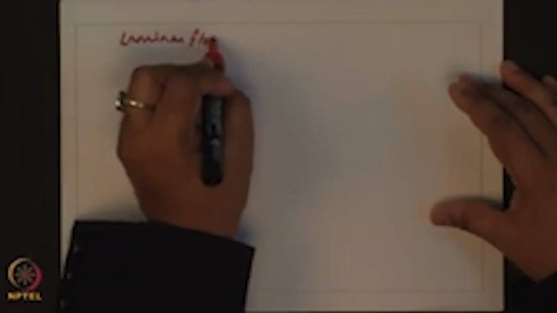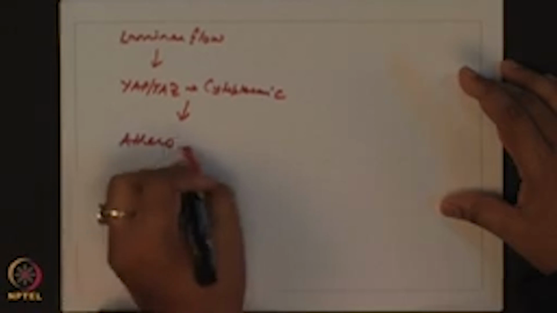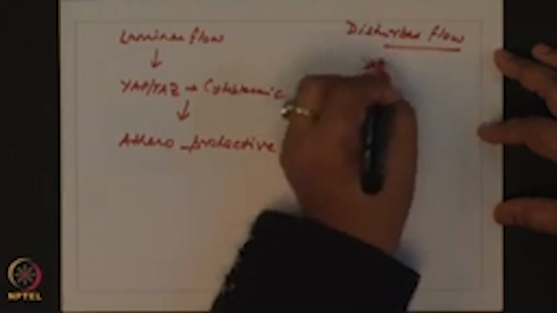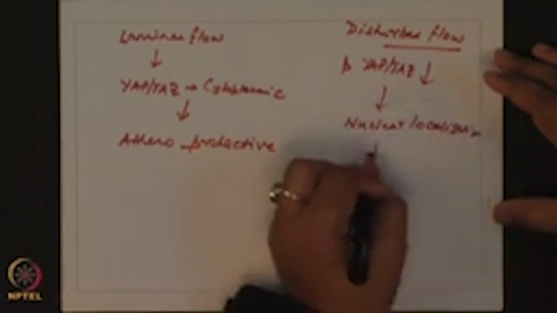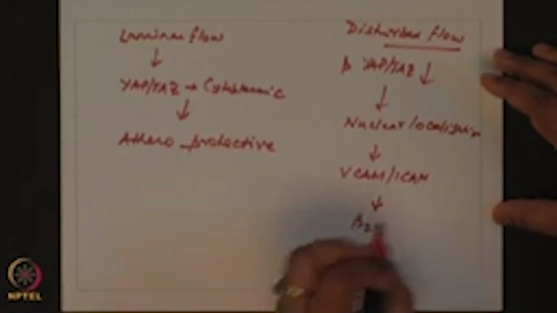Whenever you have laminar flow, your YAP-TAZ exhibits a cytoplasmic localization, and as a consequence the overall situation is atheroprotective, but under disturbed flow, YAP-TAZ phosphorylation goes down, that leads to nuclear localization, upregulation of VCAM and ICAM expression in ECs, and integrin beta 2 expression in these cells.